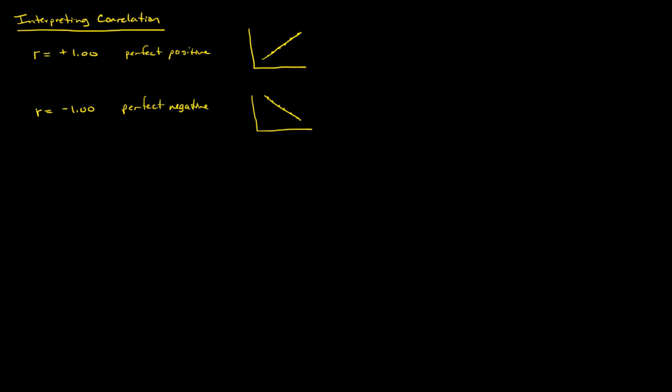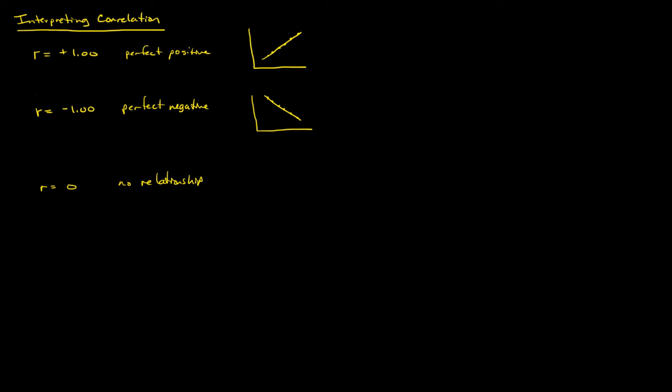And so when r equals 0, again, we know that we have no relationship between the variables. So I'll just write that, r equals 0, no relationship. Okay? But when we're interpreting this, we need to make sure we understand that we're not sure of causality.